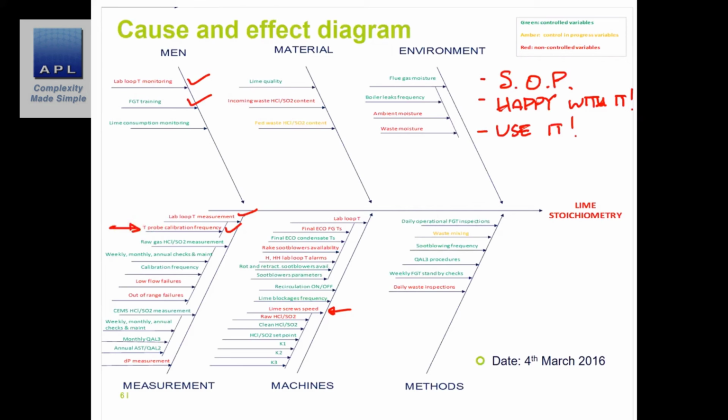So what we've done here is we've identified all the variables and whether they are in control or not. And then they've simply gone in and put some extra controls in place. And they've improved the control of this process. And this is just physics. If you do not get variability into your process, you will not get variability out of your process.